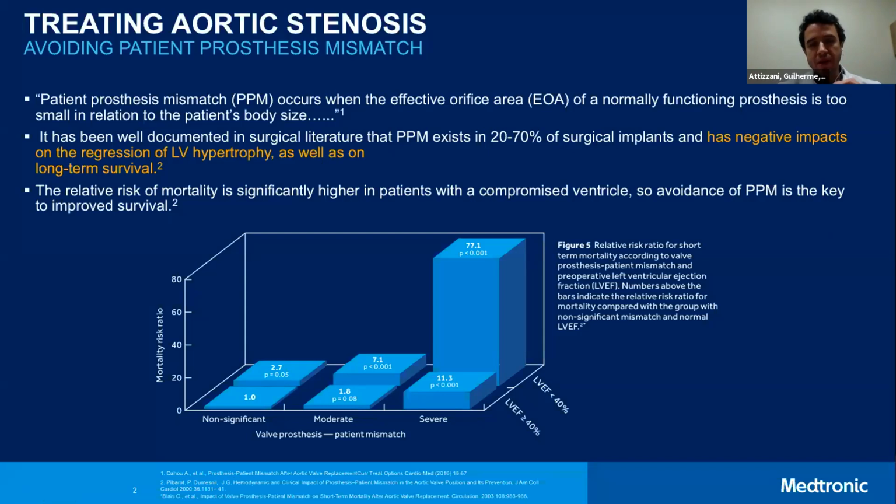It has been very well documented in the surgical literature, and PPM is actually very frequent. We know that when a patient has patient prosthesis mismatch, there is definitely a negative impact in terms of the regression of the LV hypertrophy, as well as in long-term survival. And this risk is even more pronounced when we're dealing with patients with poor left ventricle function. So these patients do much worse when patient prosthesis mismatch is present.